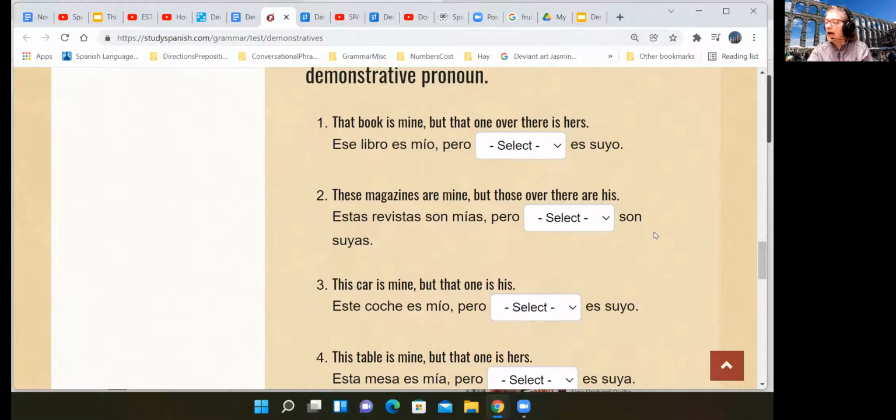And notice sometimes this, that, these, those, the whole word may stand in for the noun. This book is mine, but that one over there, and I don't repeat the word book: este libro es mío, pero aquel es suyo.